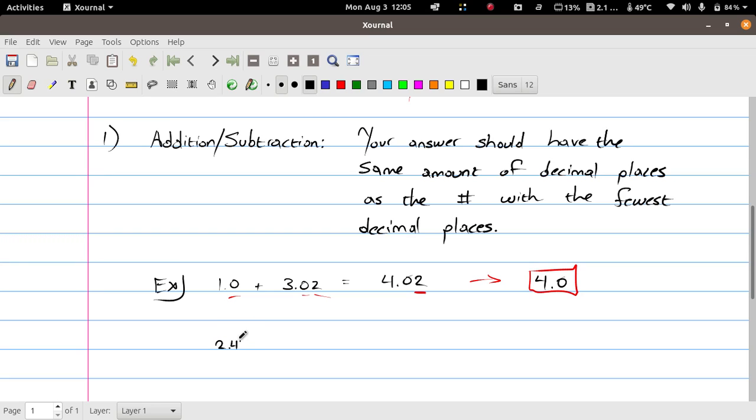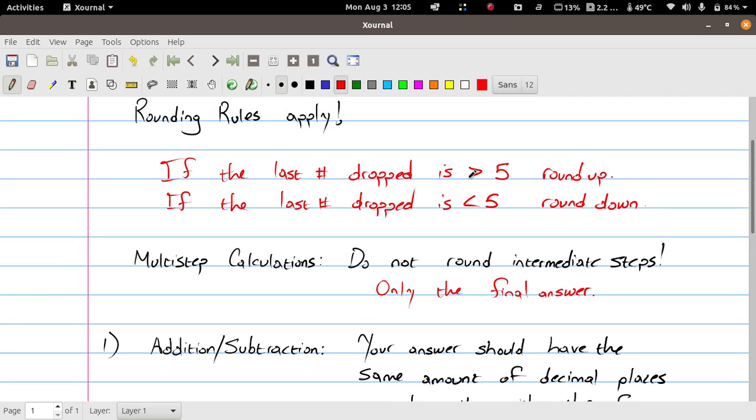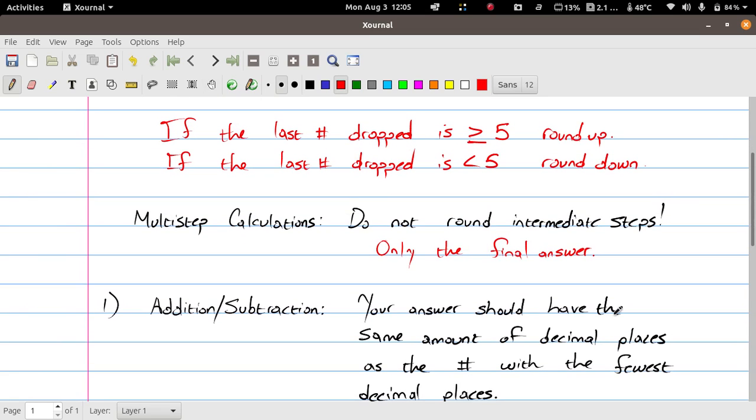I'm going to give you one that's a little bit more challenging. I know it's different than the PDF I posted online, but I wanted to show you rounding up. So 1.435 plus 2.44 equals 3.875. Oh, and that just reminds me, the rounding-up rule is greater than or equal to 5, so make a note of that.